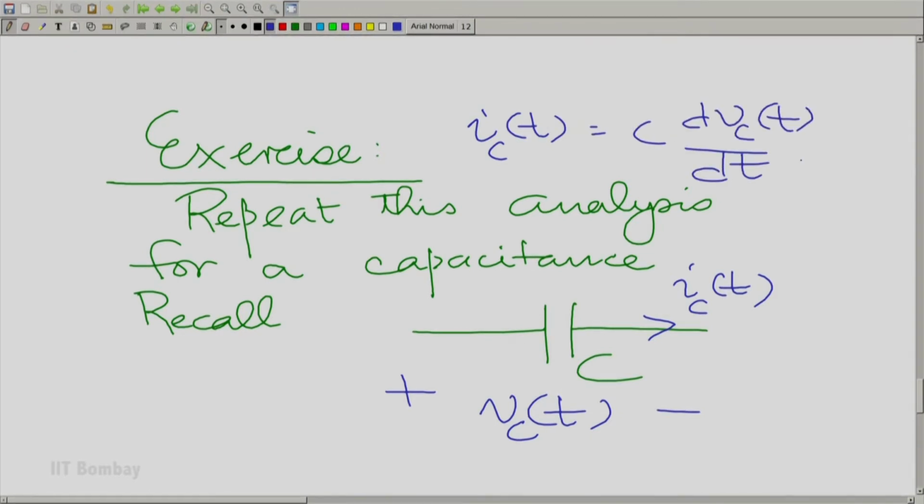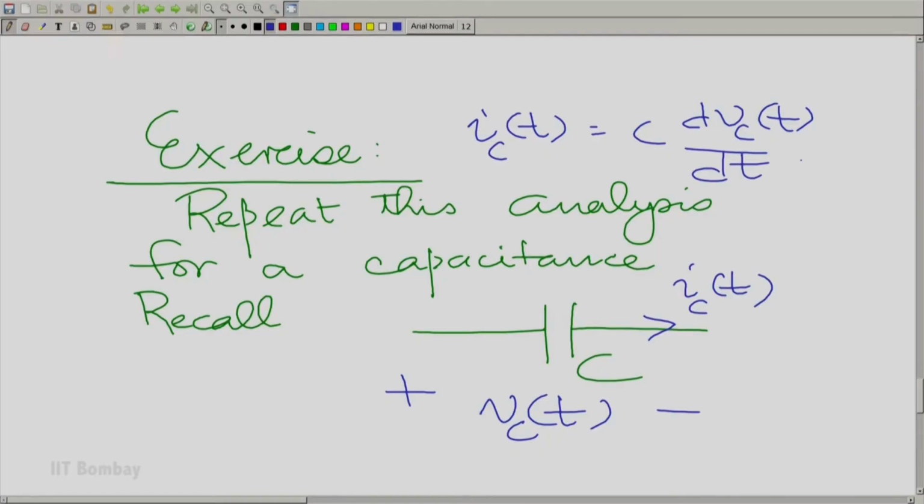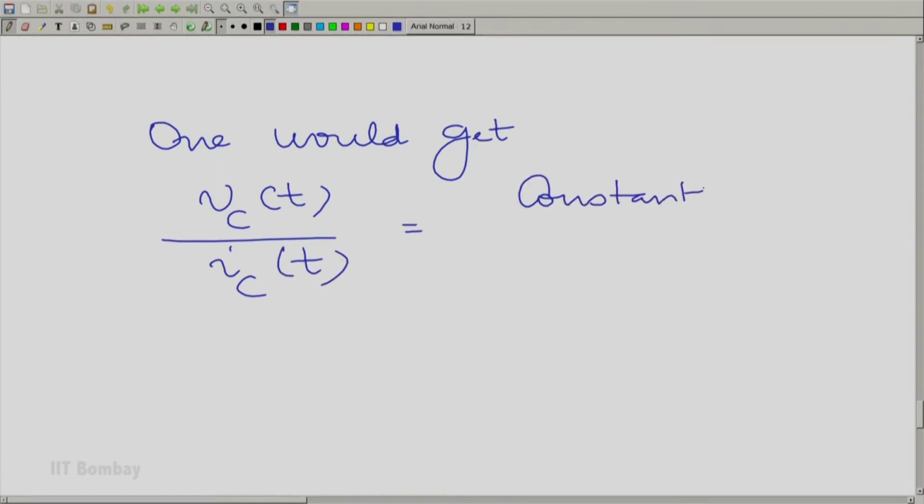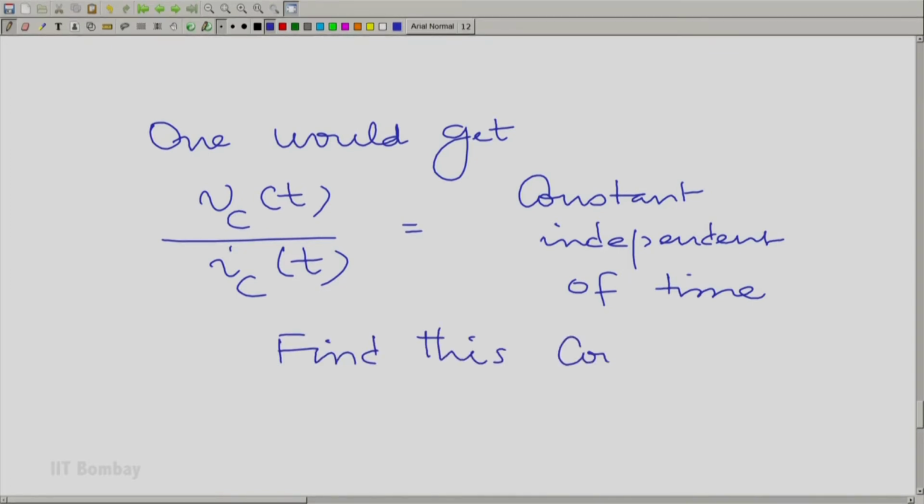And one could repeat the same analysis by using rotating complex numbers instead of the original sinusoids. And here one would get the relationship v_C(t) by i_C(t) is again a constant independent of time. Find this constant and explain is the exercise that you need to do.